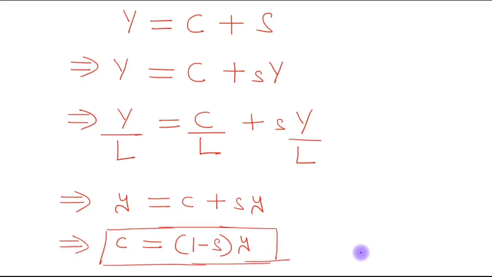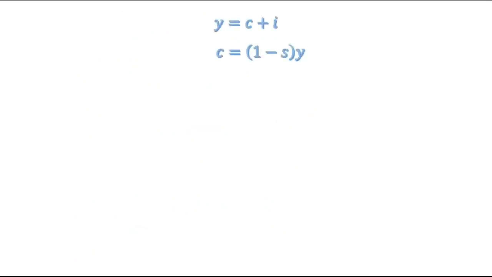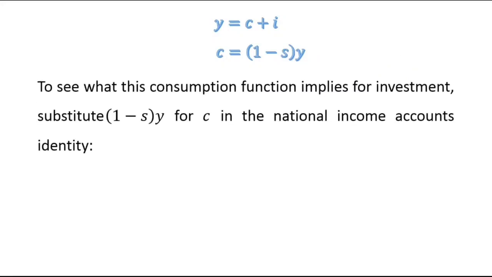Okay, so here we have two equations. The first equation is the per worker national income accounts identity, and the second is the consumption function, where small s is the saving rate. To see what this consumption function implies for investment, substitute 1 minus s times y for c in the national income accounts identity.